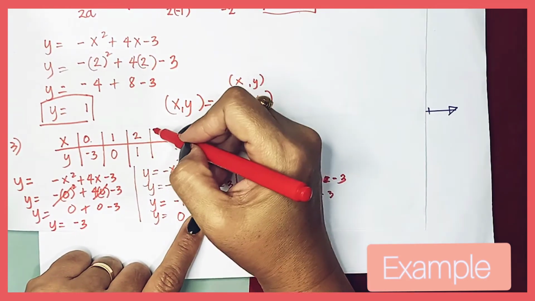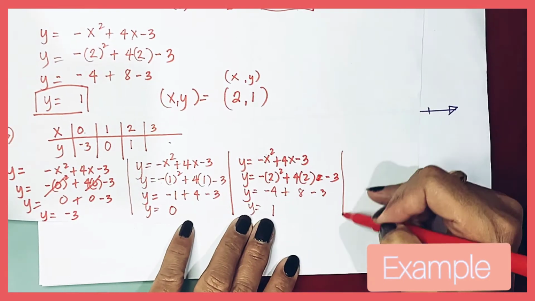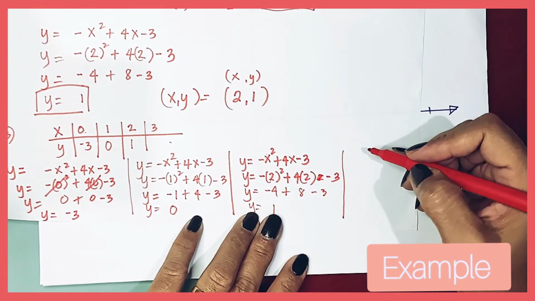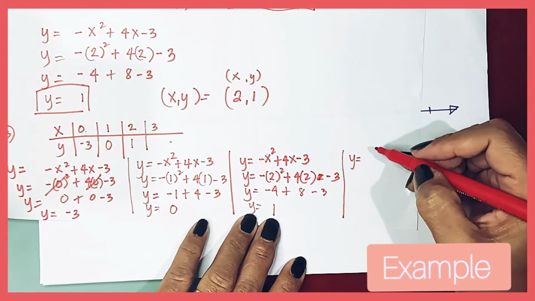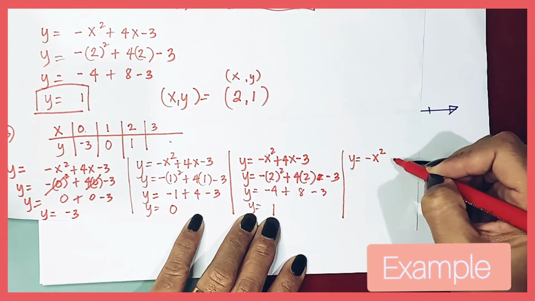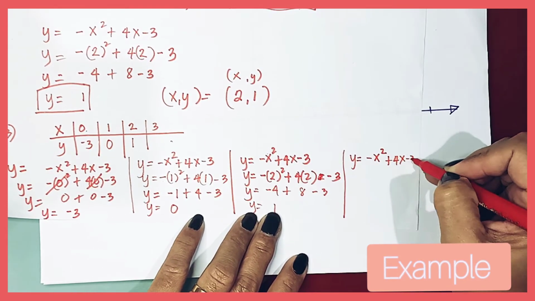Another value of x, let's try 3. So if your x is 3, that is y is equal to negative x squared plus 4x minus 3.